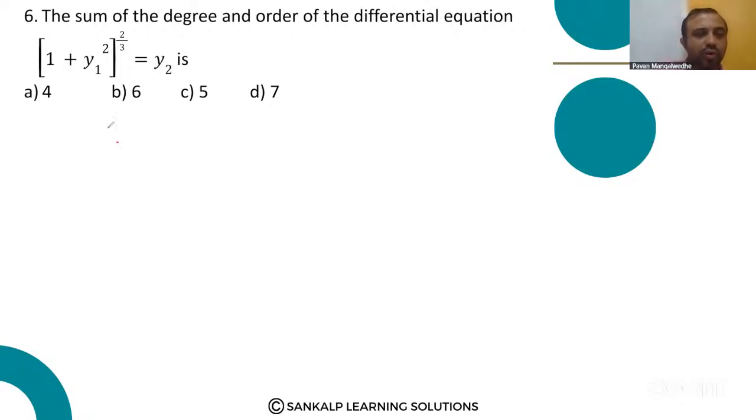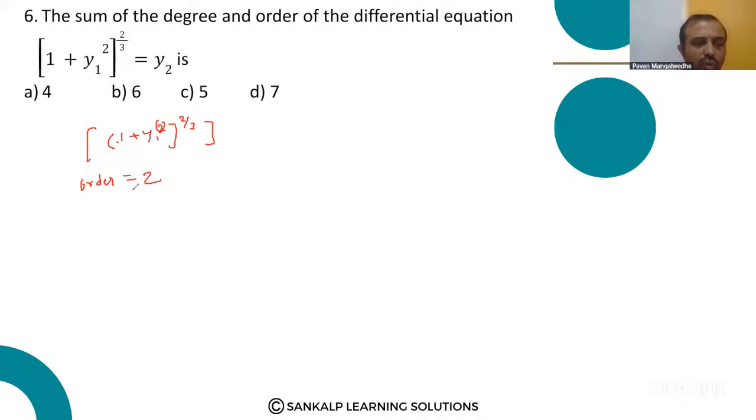So as you all know, it is (1 plus y1 square) the whole raised to 2 by 3. To determine the order of this given equation, the order is 2. Already we know this because the power of y2 is 3 and the power of y1 is 2.